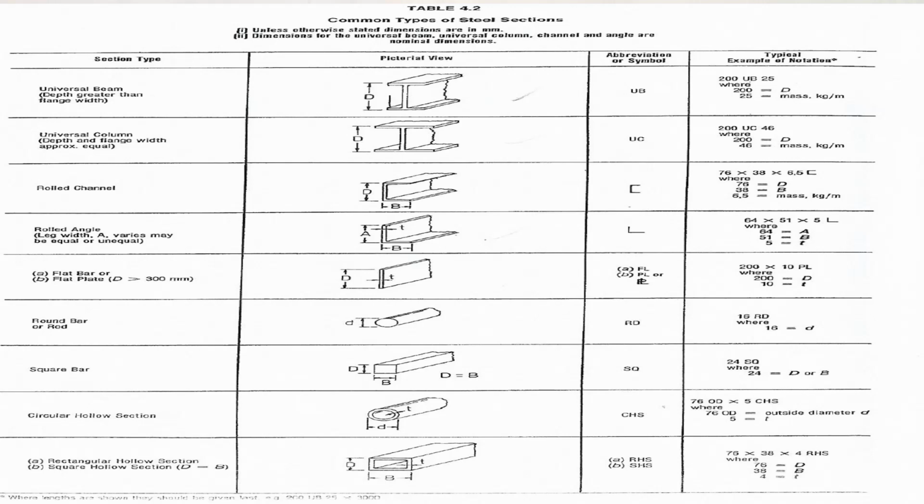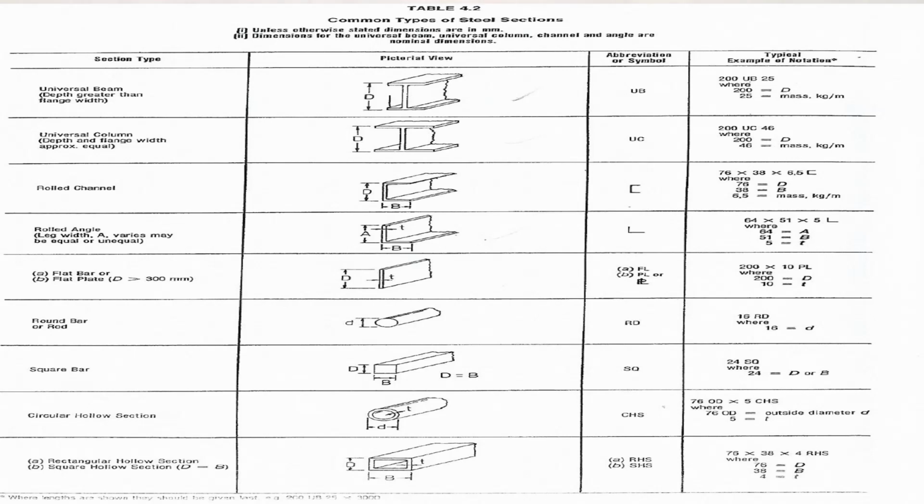As you can see popping up on our screen now, you'll have the universal beam, universal columns, rolled channel, rolled angle, flat bar, flat plate, and round bar or rod. These ones are square bars, your circular hollow sections. All of these are your normal types of steel sections that you can have.